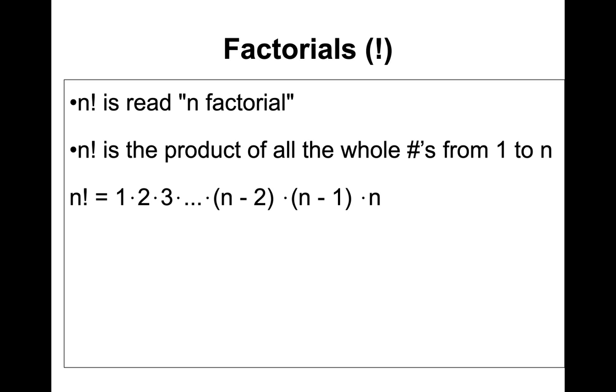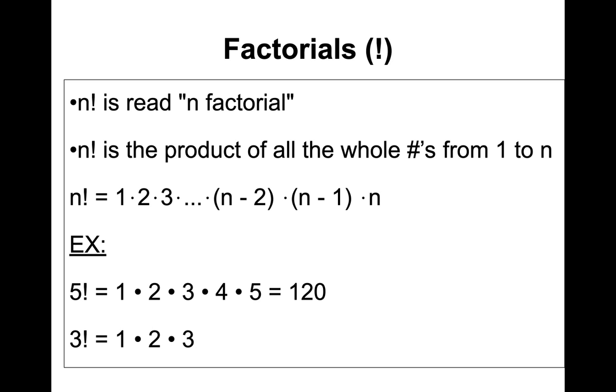So an example would be 5 factorial would be 1 times 2 times 3 times 4 times 5. 3 factorial would be 1 times 2 times 3. 50 factorial would be 1 times 2 times 3 times 4 times 5, all the way up to 50. 100 factorial would be 1 times 2 times 3 times 4 times 5 times 6, all the way up to 100. So you will see factorials a little bit in this unit.